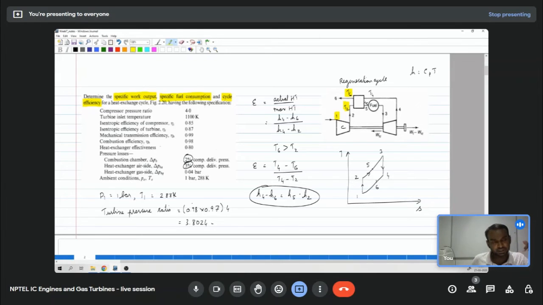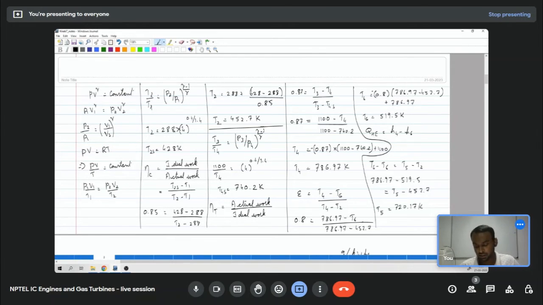Also, in the heat exchanger, whatever energy is given by one stream is taken by the other stream. So H4 minus H6 equals H5 minus H2. We use this relation later.